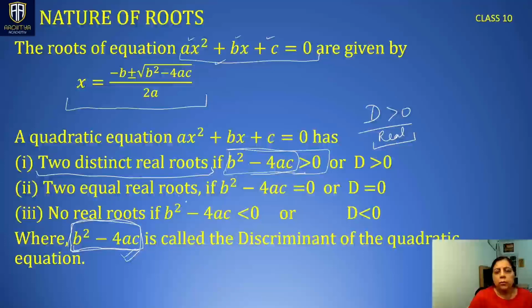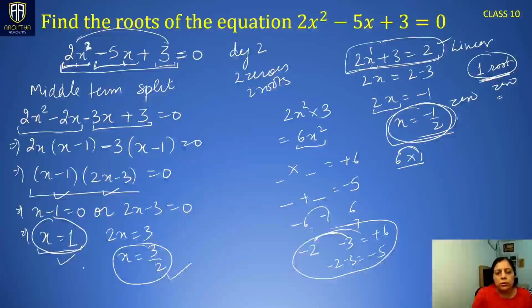Next is two equal roots, if b square minus 4ac is equal to 0. In case the value of discriminant comes out to be exactly 0, the roots are real but they are equal. In the previous case, we had two different values of x, so we can say that the discriminant of that equation is a positive real number other than 0.